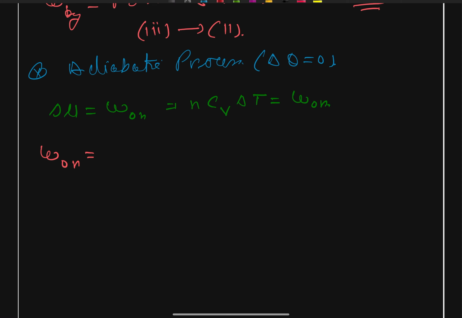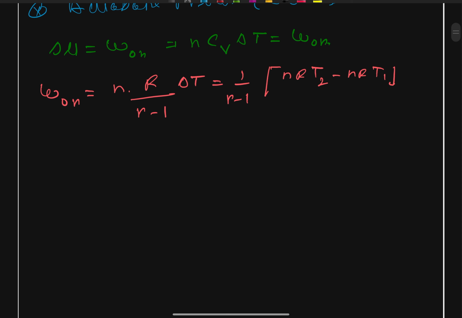This comes as n, and C_V can be written in terms of gamma, so that will be R upon gamma minus 1, and we have this as delta T. And let me write this as 1 upon gamma minus 1, and this comes as nR T2 minus nR T1.